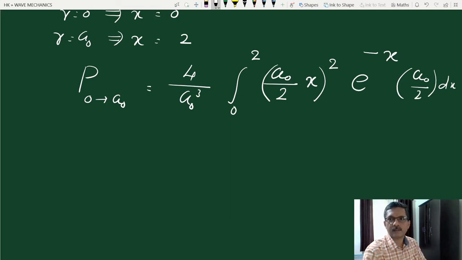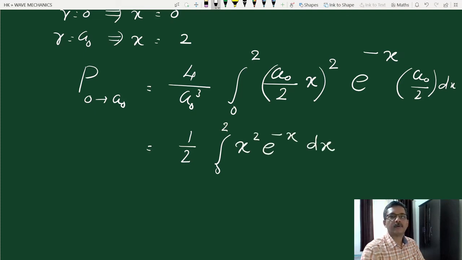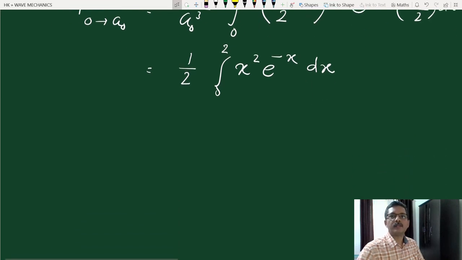So A0 cube will cancel, and 4 will cancel. We have 1 by 2 integral 0 to 2 x square e raised to minus x dx. So we have to integrate this. For this we have to do integration by parts.